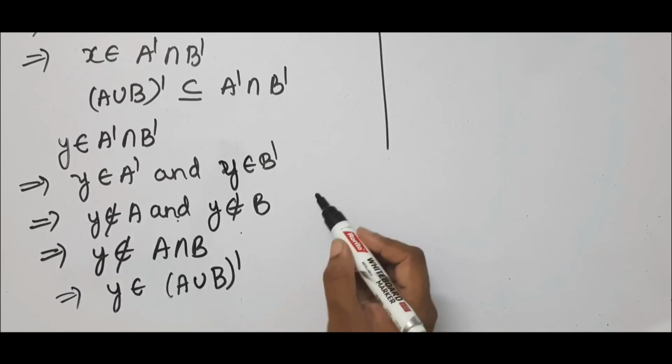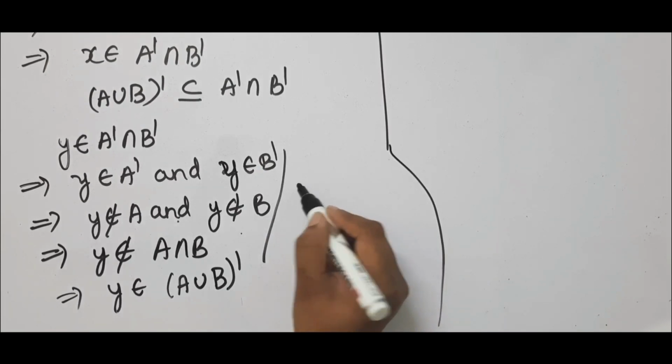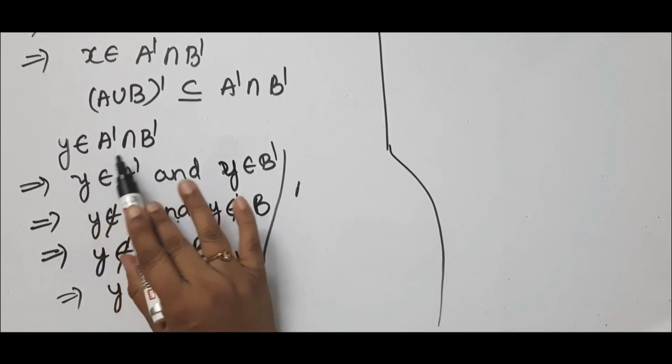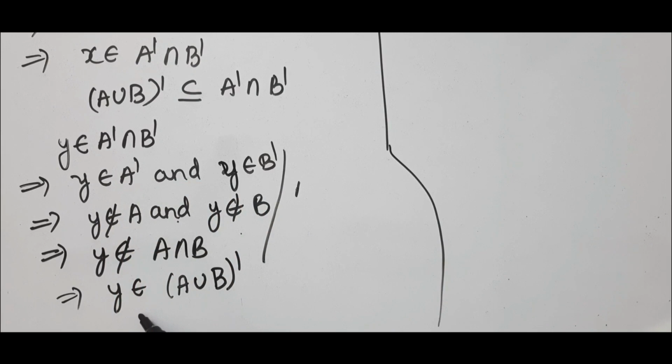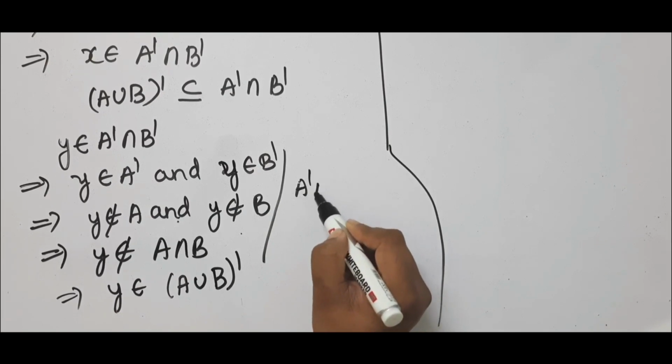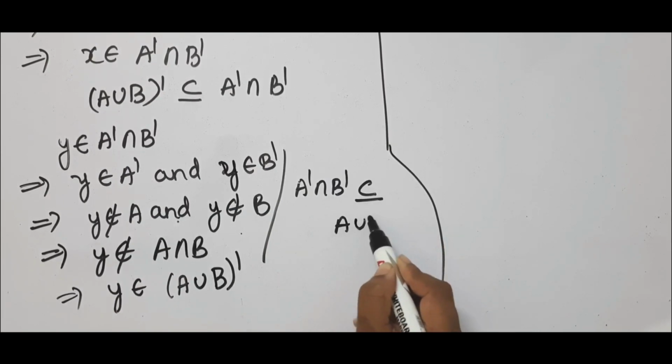So hence we have proved that, taking y belonging to A complement intersection B complement, we have shown that the element is in the A union B whole complement. So A complement intersection B complement is a subset of A union B whole complement.